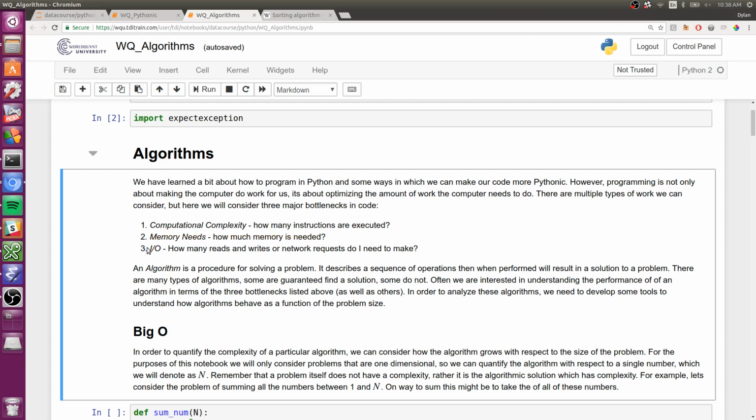And also we'll talk a bit about input-output. How many reads and writes do I need to make to disk? How often do I need to send information over a network? Because these operations tend to be somewhat slow.